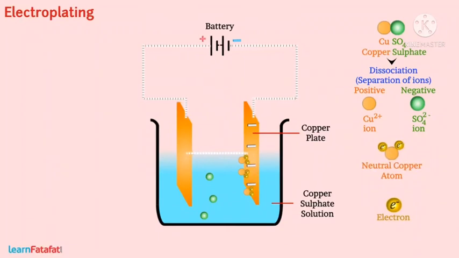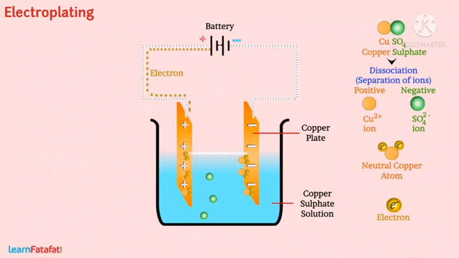At the same time, electrons get pulled by the positive terminal of the battery from the copper plate connected to the positive terminal. As a result, a neutral copper atom gets converted to an ion. The ion moves in solution.